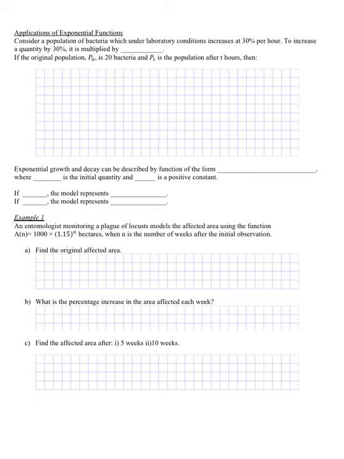So if we've got an original population of bacteria, and our original population is, as we can see here, 20, and P(t) is the population after t hours, then we know that if P0 is modelled by this, P0 is just equal to 20.